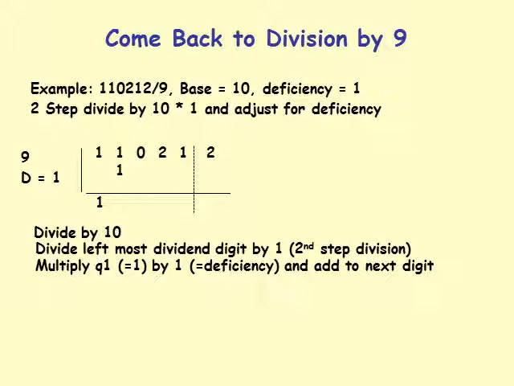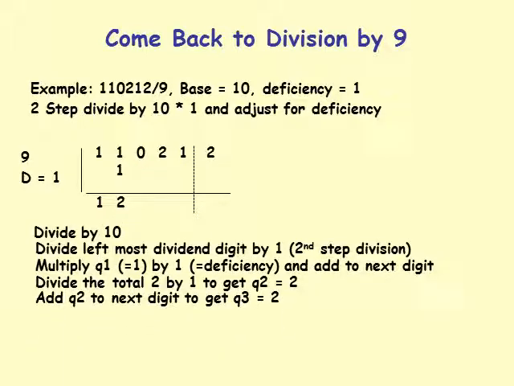In the next dividend digit we have 1 plus 1 is 2. Now we've got a total of 2 here, and we divide that by 1 to get a second quotient digit equal to 2. So I got 2 here. When I had 1 here, we added 1 to the next dividend digit. Now we got 2 here, and we are going to add that to the next dividend digit.